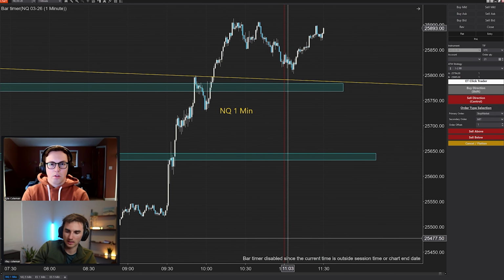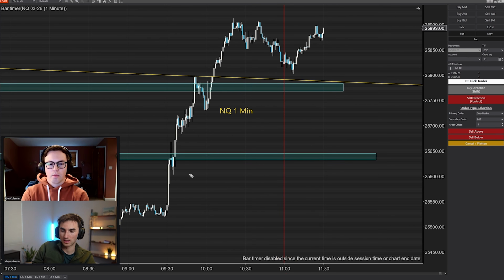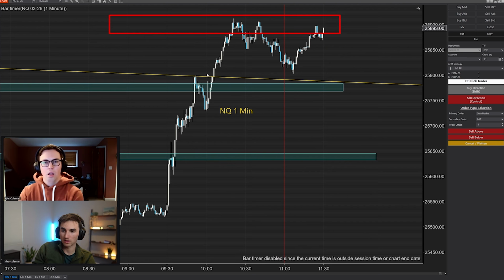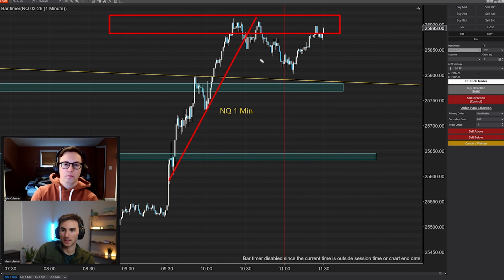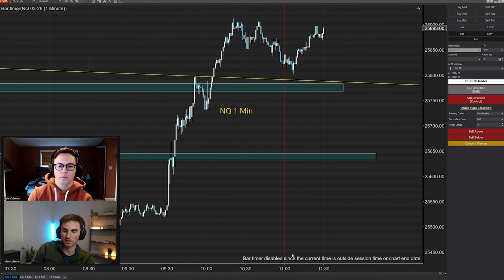I think the 11 a.m. is the other spot where you would say, even if it's been trending up since the market opened, if it comes up to a resistance level and the uptrend gets broken and you see something like a double top, and you think the trend has the potential to reverse, I think 11 o'clock is another window where you can look for reversals.